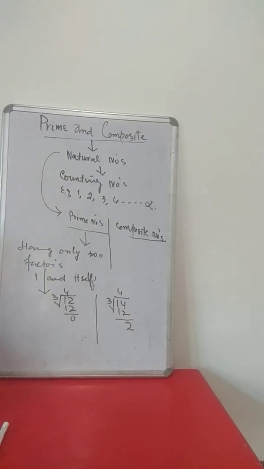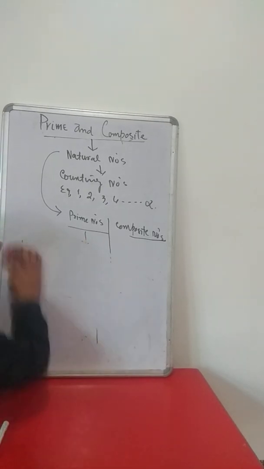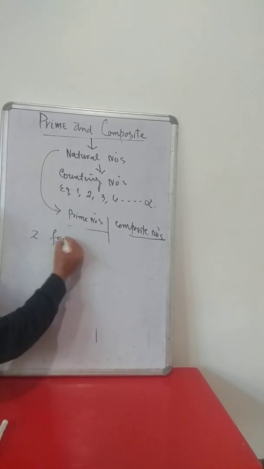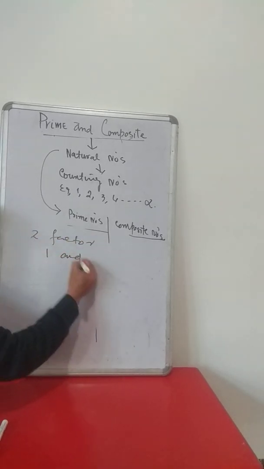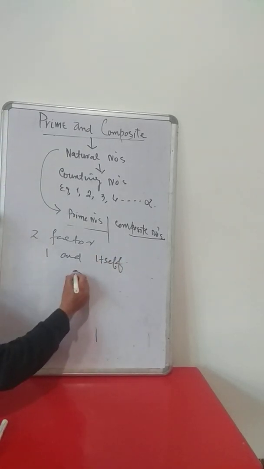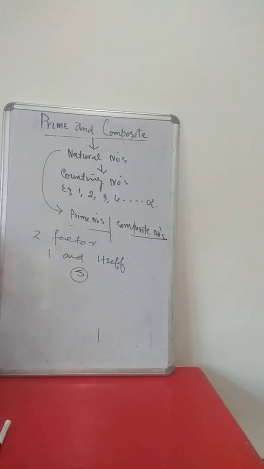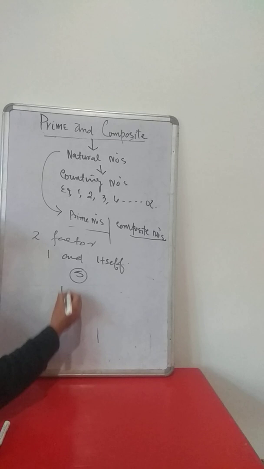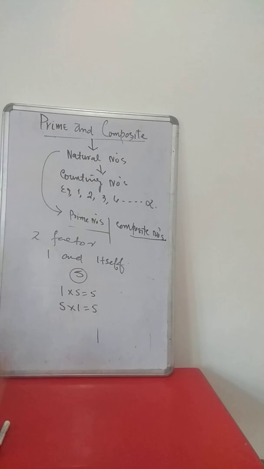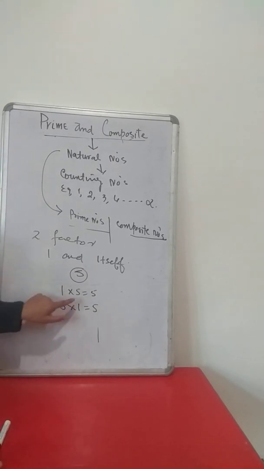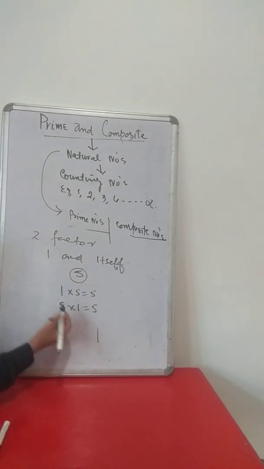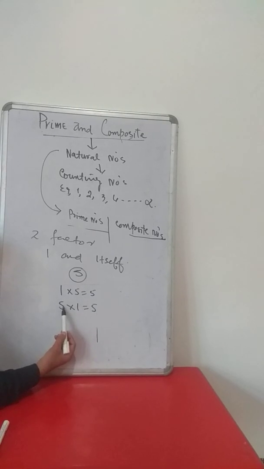Now prime numbers. Prime numbers are the numbers having only two factors: number 1 and itself. एग्जाम्पल, अगर मैं 5 लेता हूँ, अगर हम 5 को चेक करेंगे whether it is a prime number. इसके फैक्टर्स 1 into 5 is equal to 5, तो दूसरा होगा 5 into 1 is equal to 5. अब 5 के दो फैक्टर्स हमारे पास आ गए क्योंकि 1 से इसको डिवाइड हुआ. 1 से हर एक नंबर को डिवाइड होता है because 1 is the factor of every number. दूसरा, अपने आप से भी डिवाइड हुआ, 5 1s are 5.